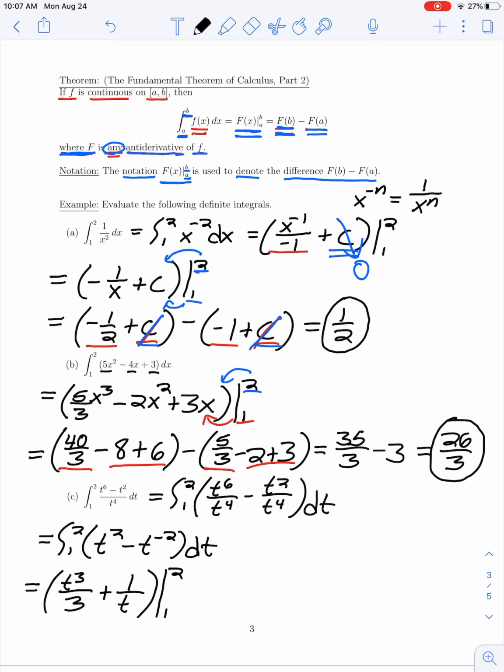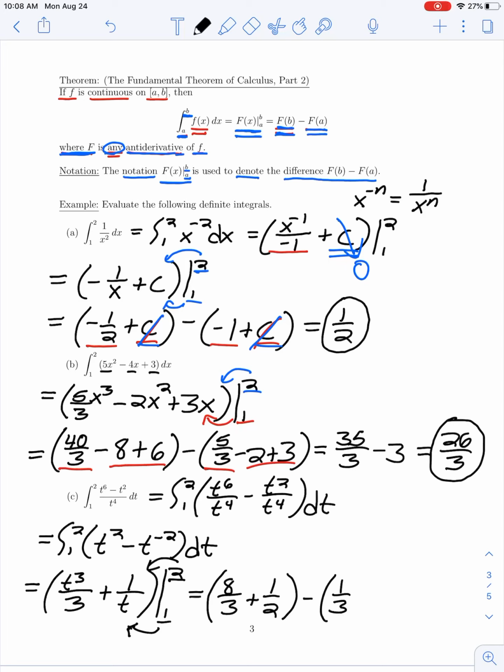To evaluate this, we're supposed to first substitute the upper limit of integration 2 into my antiderivative. So I have 2 cubed, or 8/3, plus 1 over 2, or 1/2. And then we subtract the value that we get by substituting the lower limit, 1, into that same antiderivative.